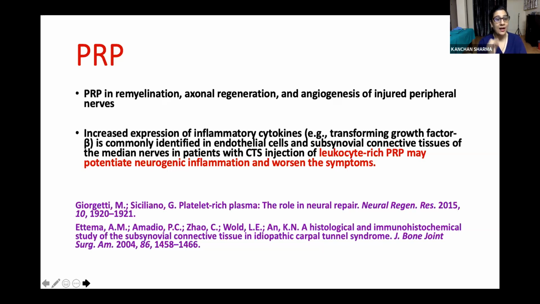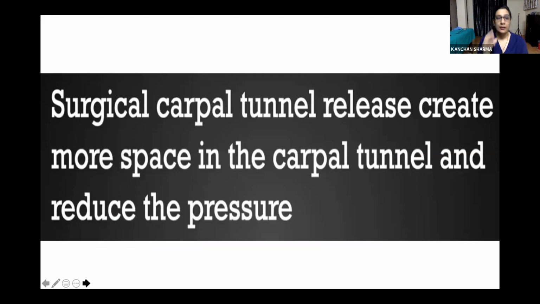So PRP and dextrose have additional roles other than just reducing inflammation, which is there with steroid. These two have additional features. And sometimes, if I have two cases, instead of throwing away the platelet poor plasma, I use that also for hydrodissection.